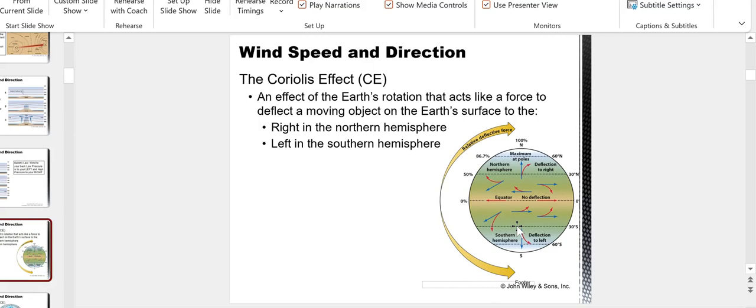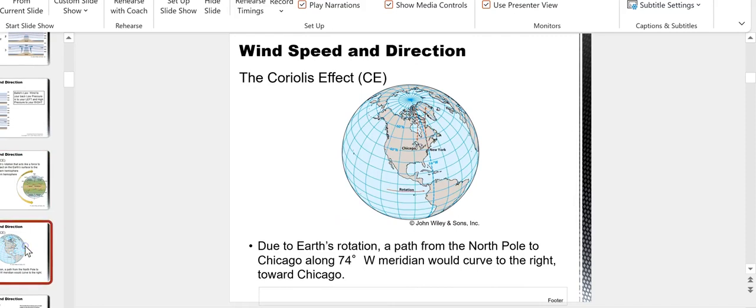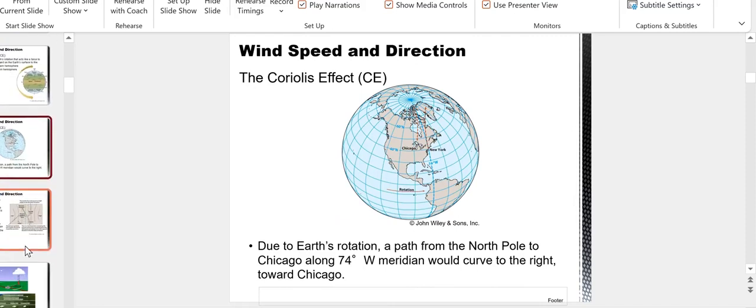You would notice that the ball would not go in a straight line because the ball is going to be forced to curve because it's going to feel the effects of being on a moving surface. And so that's exactly what happens here with the Coriolis effect as well.